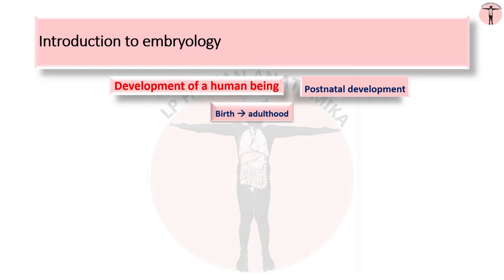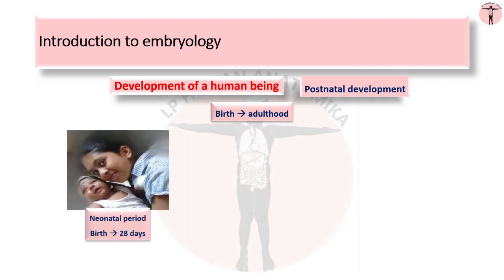The various stages in postnatal development are as follows: neonatal period, it extends from birth to first 28 days after delivery. These first 4 weeks are critical in the life of the newborn or neonate, as various systems, especially respiratory and cardiovascular, have to make adjustments with the external or extrauterine environment.